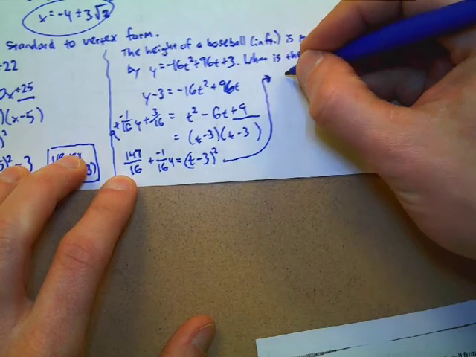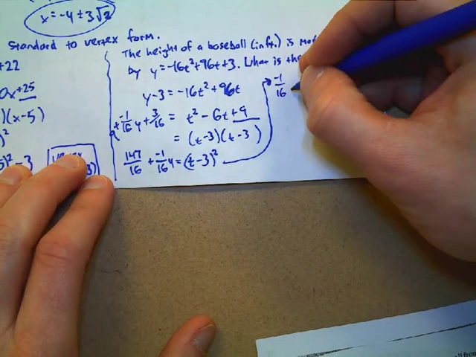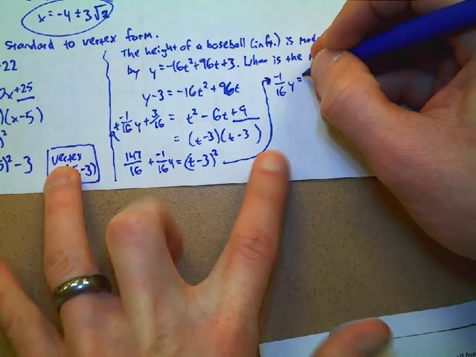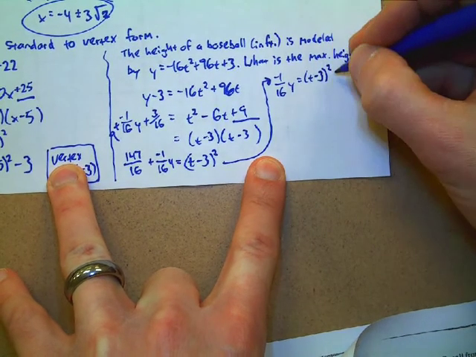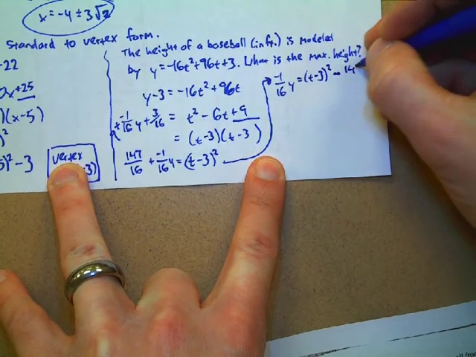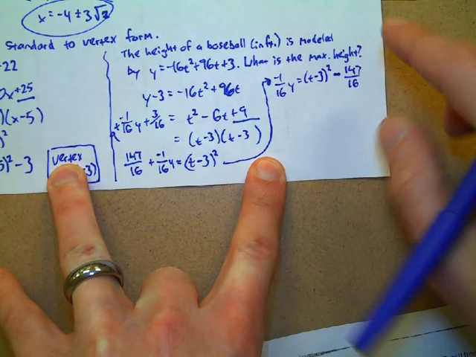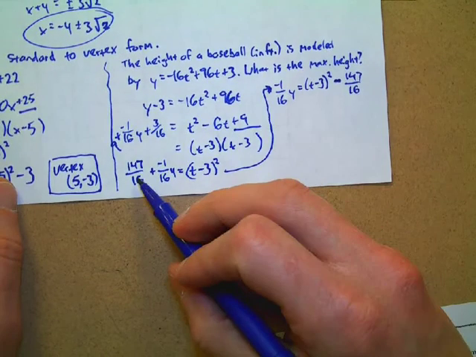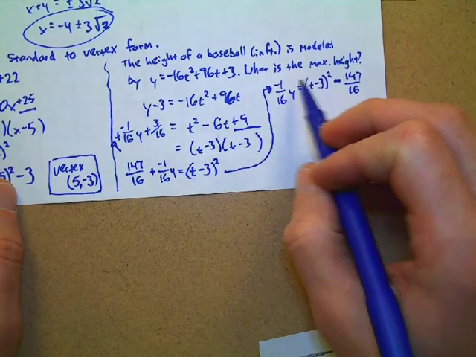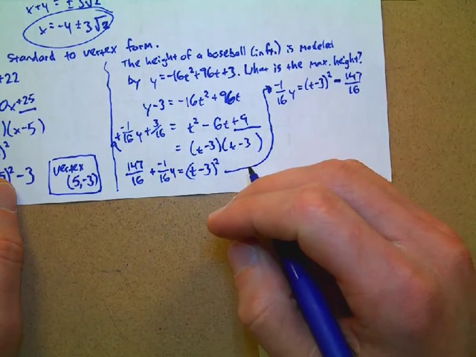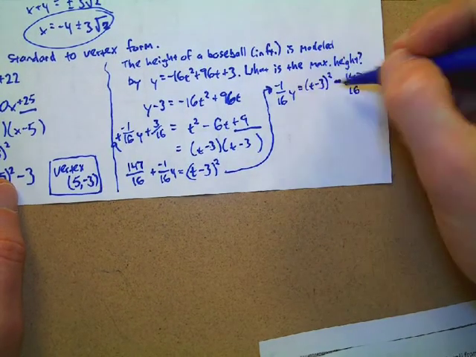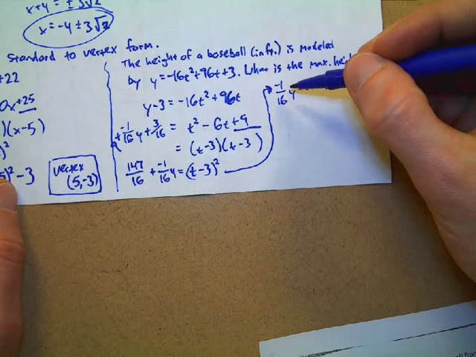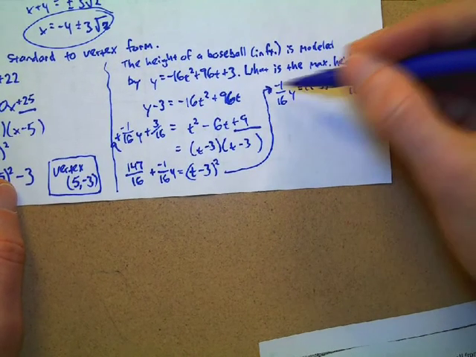So we'll have negative 1/16 y equals t minus 3 squared minus 147/16. All right, we subtracted this over to this side. And now, Jordan, what should we do to both sides? Divide by the negative. Yeah, so divide by negative 1/16, or we can multiply both sides by just negative 16, right?